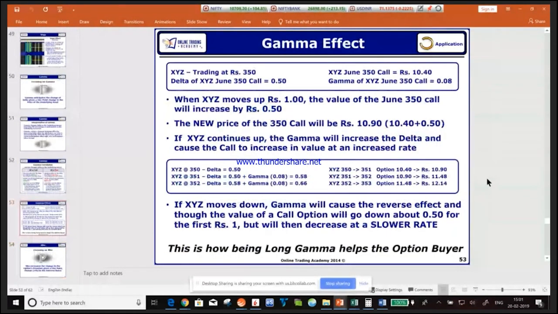Now just go through this example. This is the same as that. Just read this. If you have any doubts, I'll give you 5 minutes. If you have any doubts, I'll answer. Otherwise, this is simple and straightforward. Yes, vega and then theta.